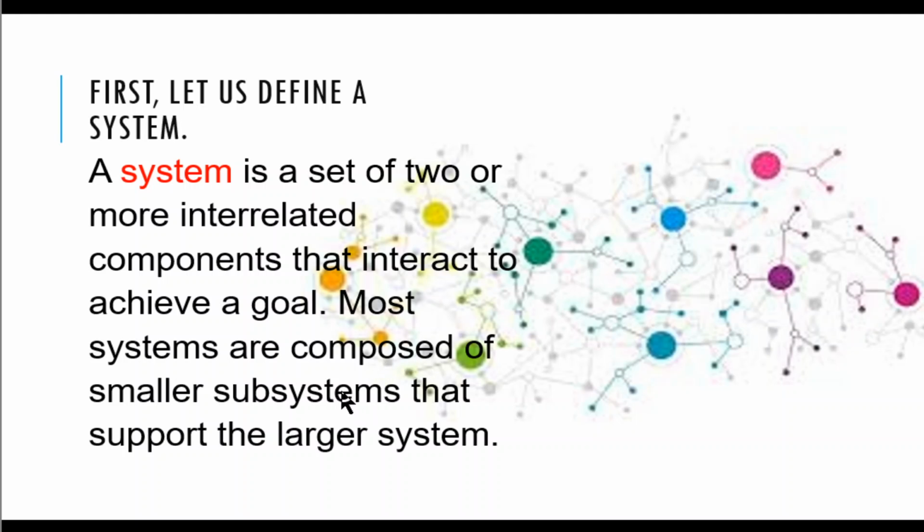Most systems are composed of smaller subsystems that support the larger system. Okay, so just like your nervous system, wherein there are different organs and different functions that are combined, that's why there is a nervous system.